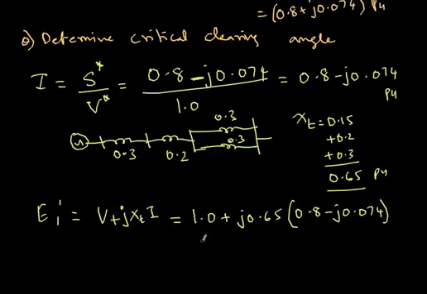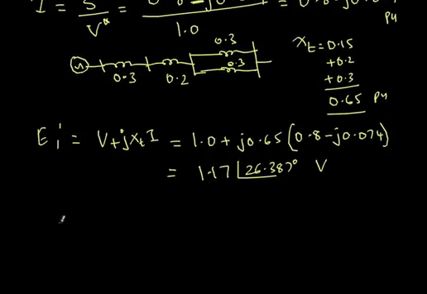Once I do this calculation, I get the value of E1. After converting into polar, this value turns out to be 1.17 at an angle of 26.387 degrees volts. So the magnitude of E1 is 1.17, and the angle of E1 is 26.38 degrees. That means delta naught is 26.38 degrees.